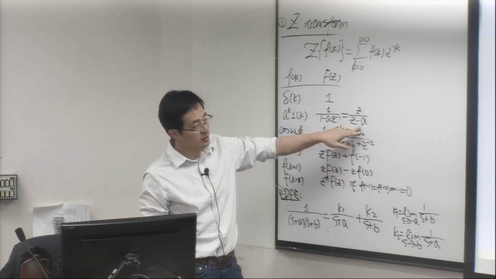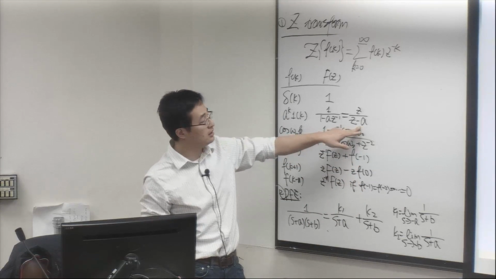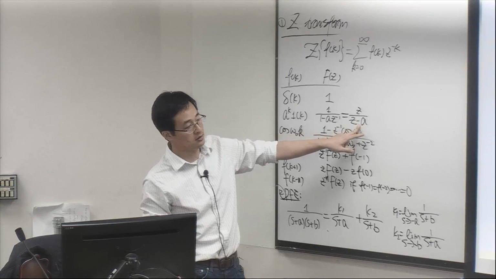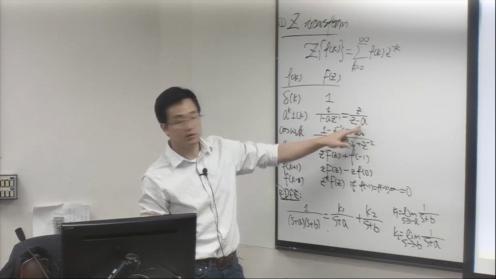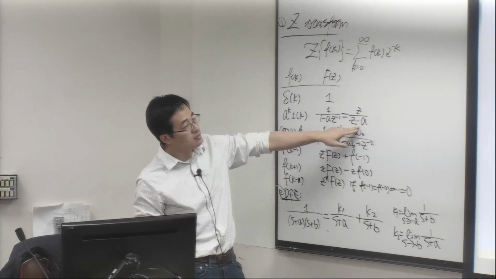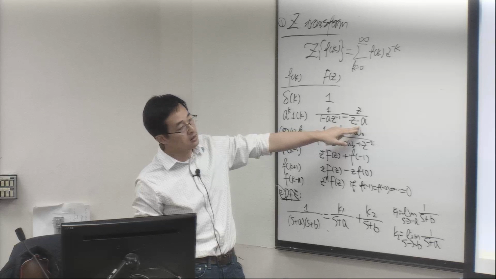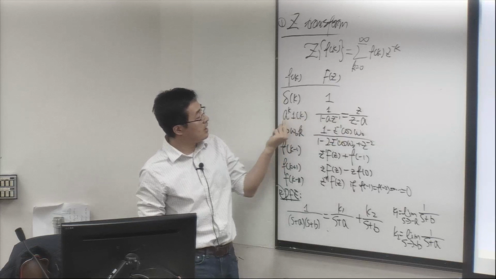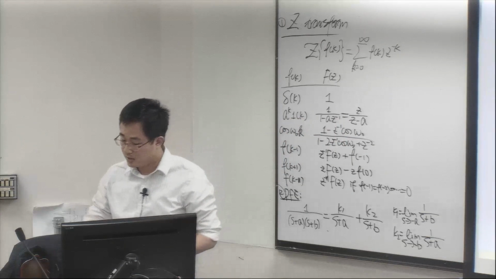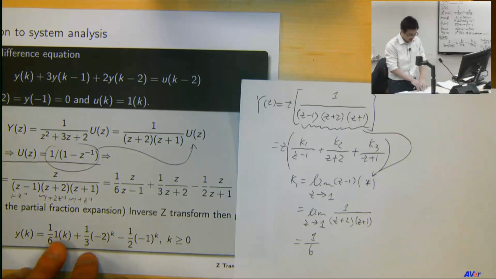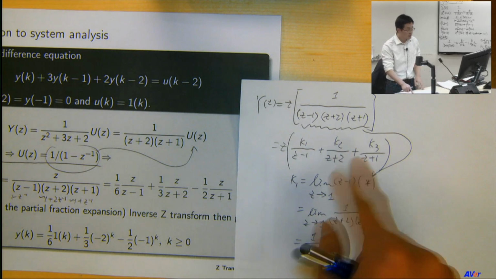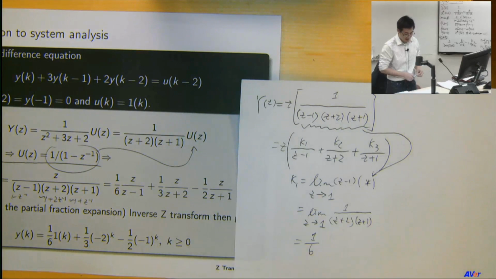The second has a equal to negative 2, so the second component should be negative 2 to the power of k. And the last component has a equal to negative 1, so it's negative 1 to the power of k. Precisely what you see here, the three items. You should be able to derive k2 and k3 using this logic.